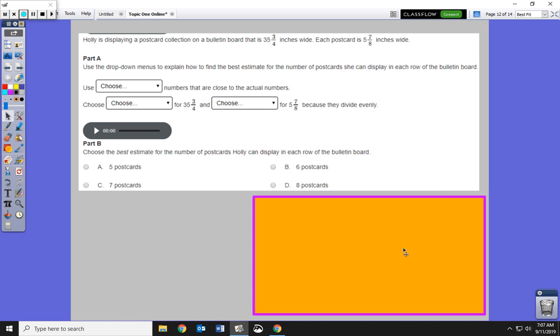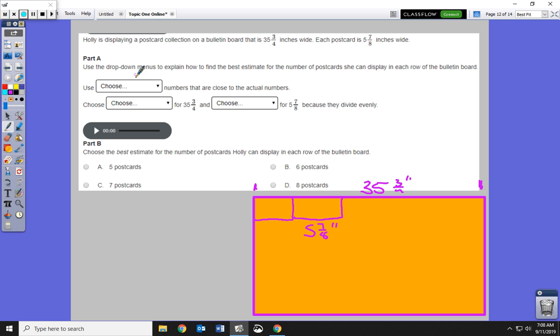So from here to here, it's 35 3/4 inches wide. Now she has postcards. Postcards are going to go inside here. Little postcards. We're going to tile them, if you will. And each postcard is approximately or exactly 5 7/8 inches wide.